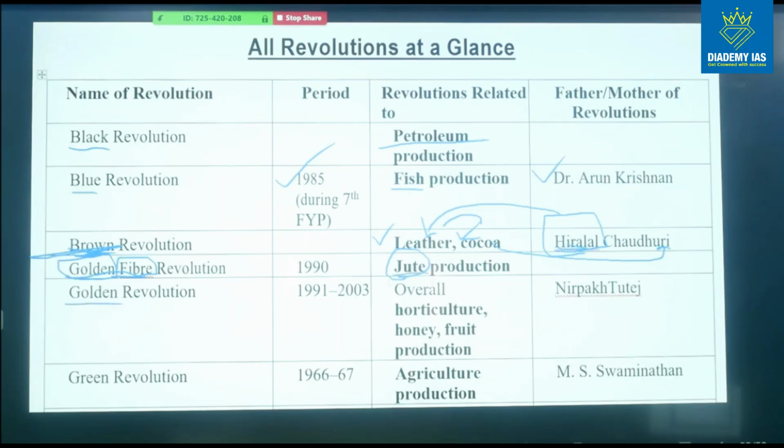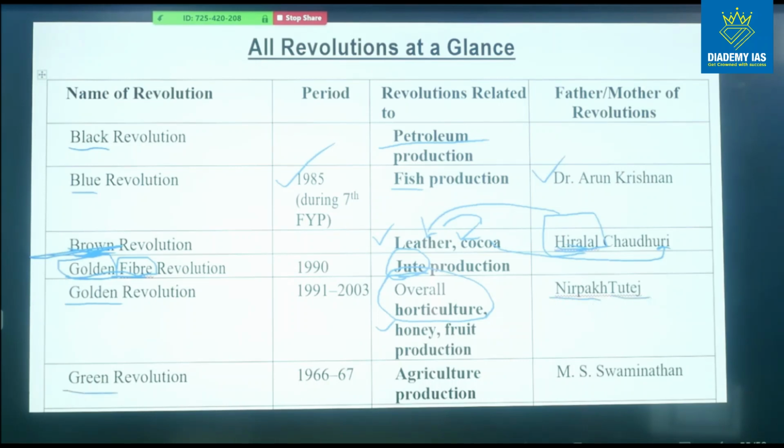This is the overall horticulture revolution, right? Or sometimes only honey can also be referred to. Honey is also part of horticulture. We already discussed, beekeeping is also part of horticulture. Honey is also of golden color, right? And their father is Nirpakh Tutej.